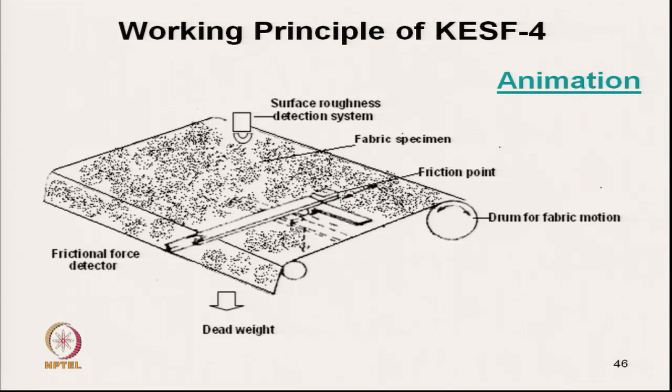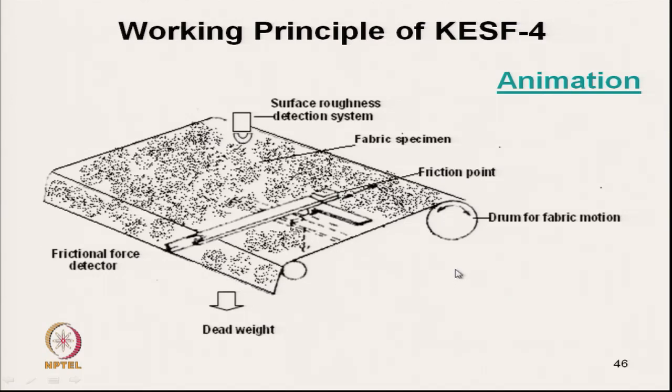Now, this is the schematic diagram where this is the fabric specimen, and a dead weight is hanging to keep a standard tension. Here is the friction point, connected with a rod which is connected to the friction force detector. Another point is the surface roughness detector, as I have shown, which detects the deflection.